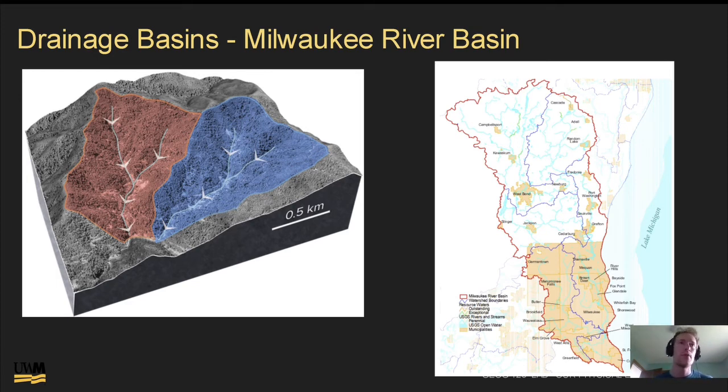The Mississippi River basin is huge, and so all that water is going to work its way down to the Gulf of Mexico, versus where we live in Milwaukee, where that water is going to work its way out the St. Lawrence Seaway, eventually into the Atlantic Ocean on the East Coast.